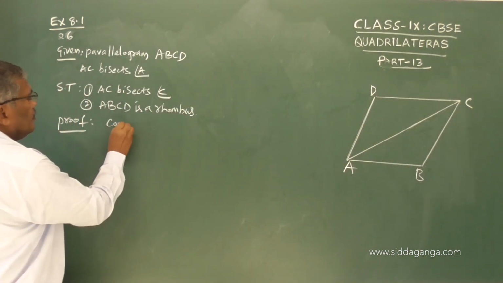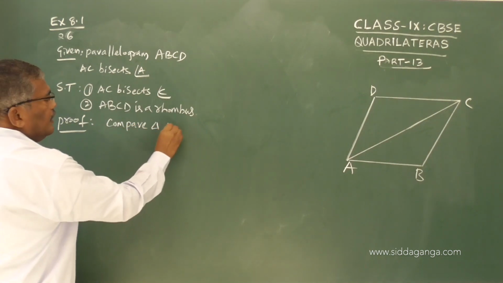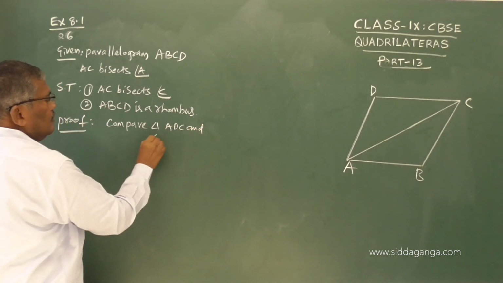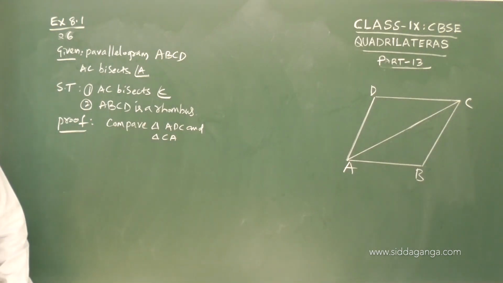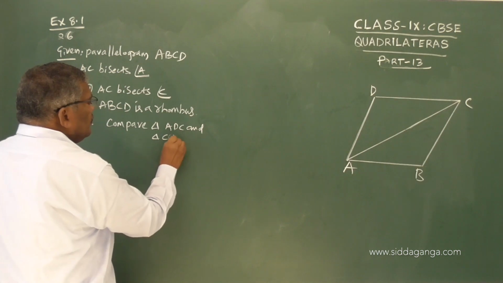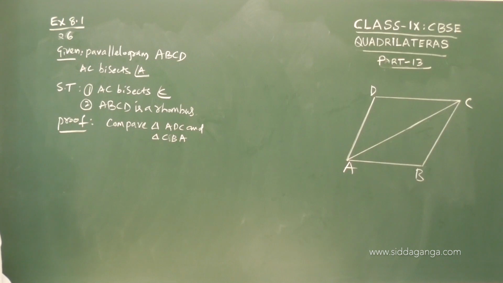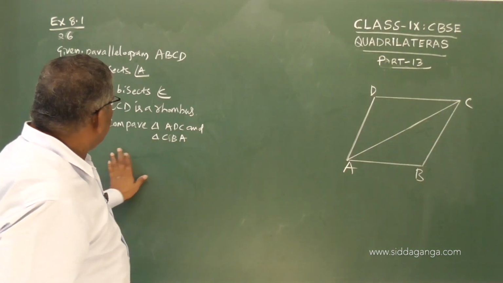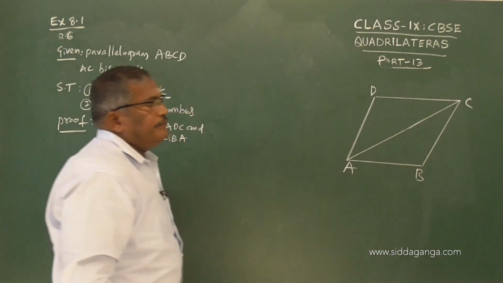Compare triangle ADC and triangle CBA. In these two triangles, see this upper one and the lower one.